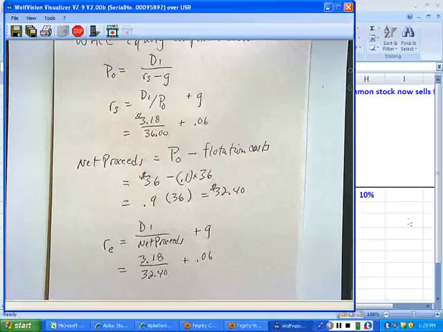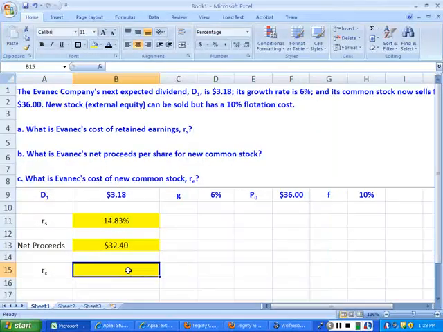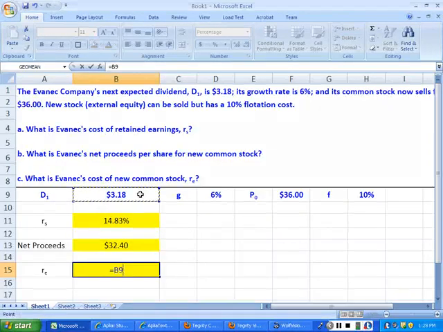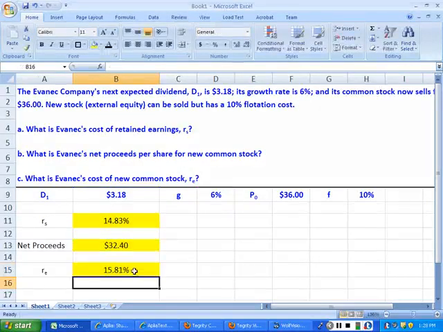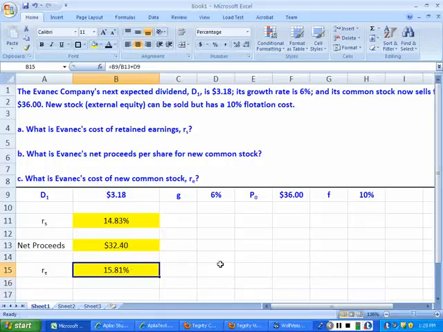So when you put this in place, we have the dividend of $3.18 divided by the net proceeds of $32.40, and we add the 6% capital gain yield, and it means we better be finding projects that are returning 15.81%, significantly higher than here, to justify going out there and acquiring new money.